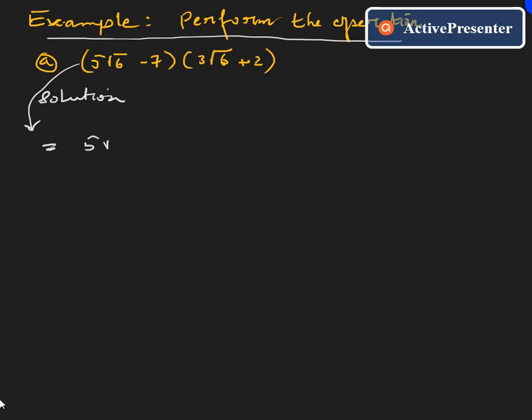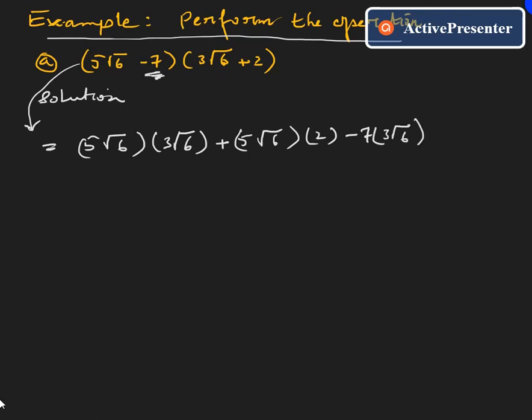This would be 5 square root of 6 multiplied in 3 square root of 6, plus 5 square root of 6 multiplied into 2. Okay, now let's go to the other part. Minus 7 multiplied in 3 square root of 6, and also minus 7 multiplied in 2.